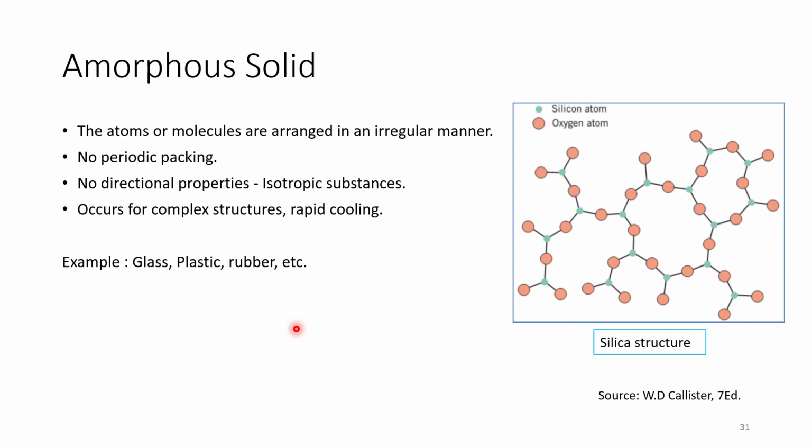And if you rapidly cool, even having 1 or 2 elements, it will solidify in an amorphous structure, because it won't have that time to go and sit at the unit cell points, right? So here for example the silica structure is given, which is amorphous in nature.